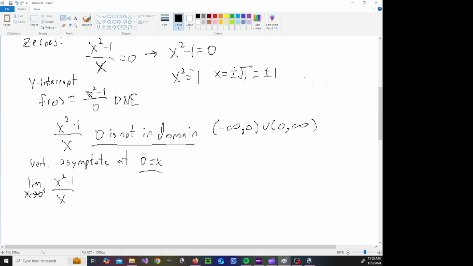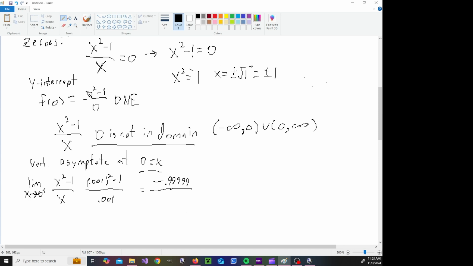Well, if I plug in something really small but positive, and then I square that, something like 0.001 squared, I get something really small but positive, right? And then minus 1, I'm going to be negative, but really small. Sorry, negative, right? Something really small minus 1 is going to be something like negative 0.99999 potentially, right?